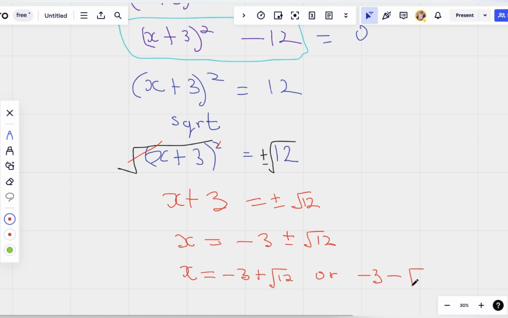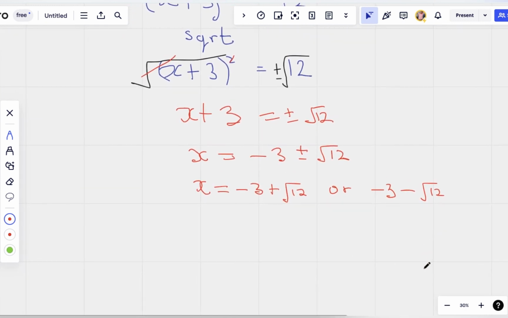The square root of 12 is 3 point something, 3.46. So we have x equal to negative 3 plus 3.46, or negative 3 minus 3.46.